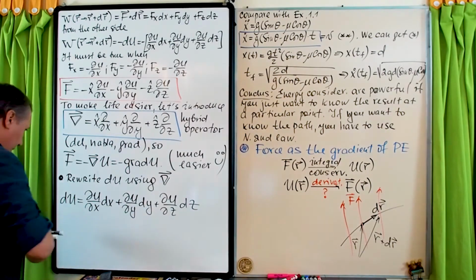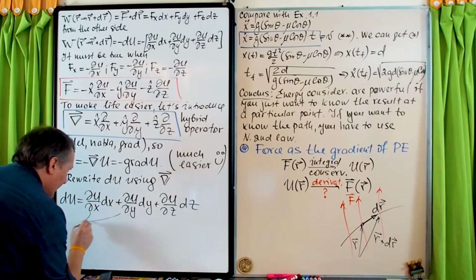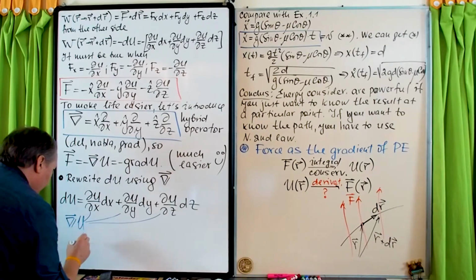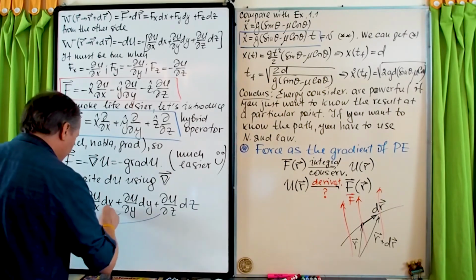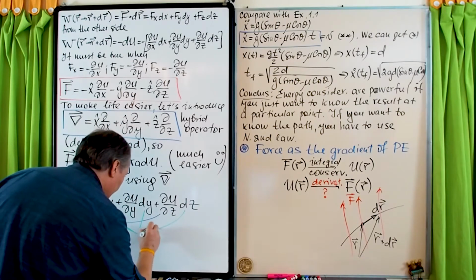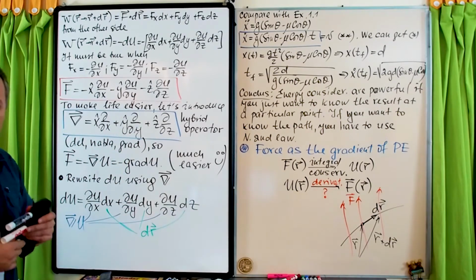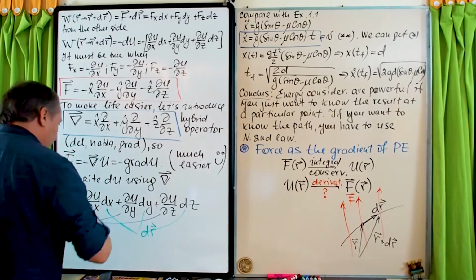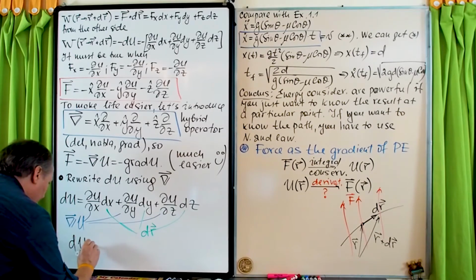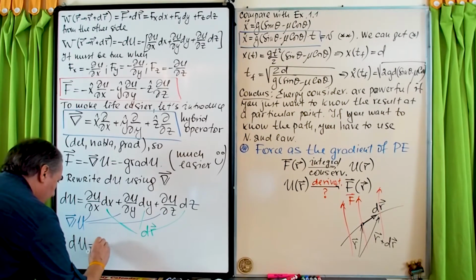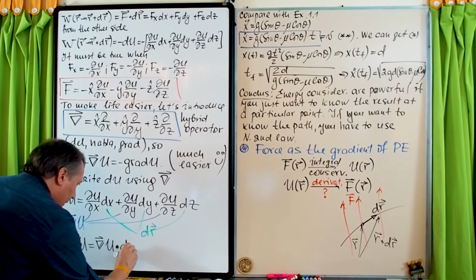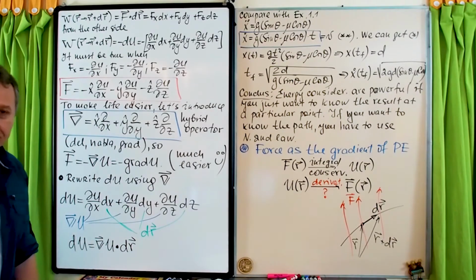That's the gradient of U, and these are just dr, the dot product of these two vectors. As a result, dU equals the gradient of U dotted, scalar product, with dr.